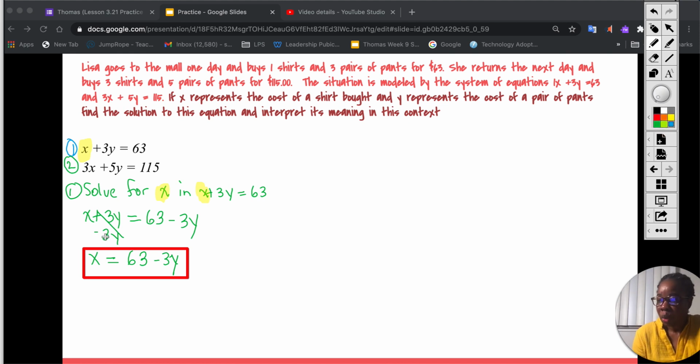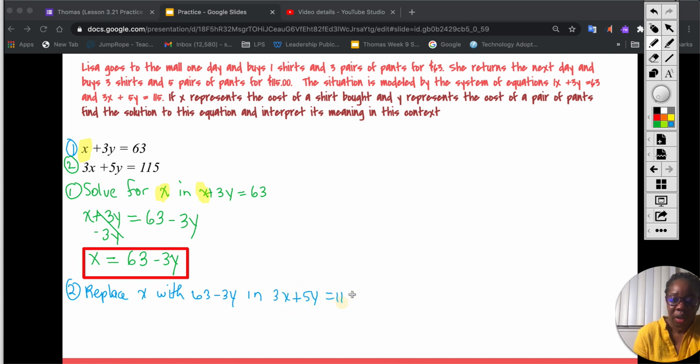Step 2, what we're going to do is replace x with its equivalent expression, which is 63 minus 3y, in the second equation, which is 3x plus 5y equals 115. So x is going to be replaced with the 63 minus 3y in this equation.